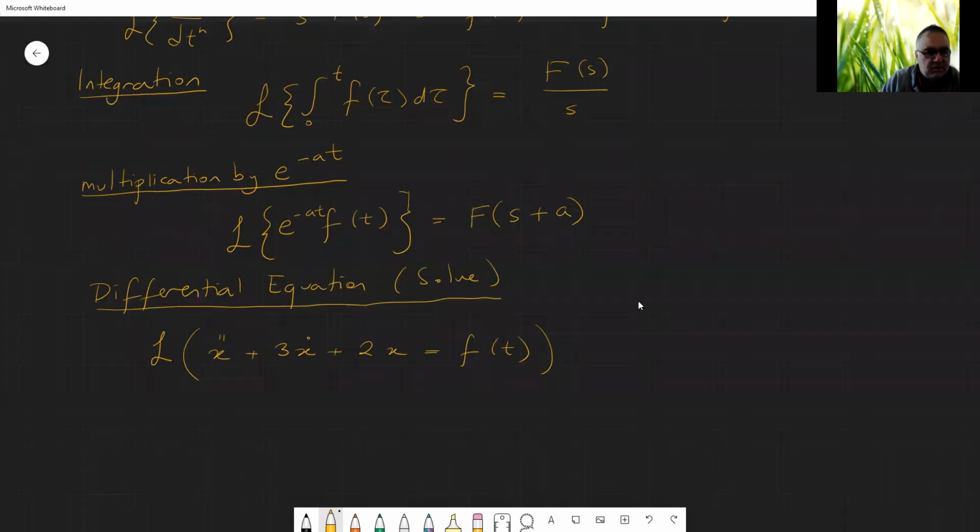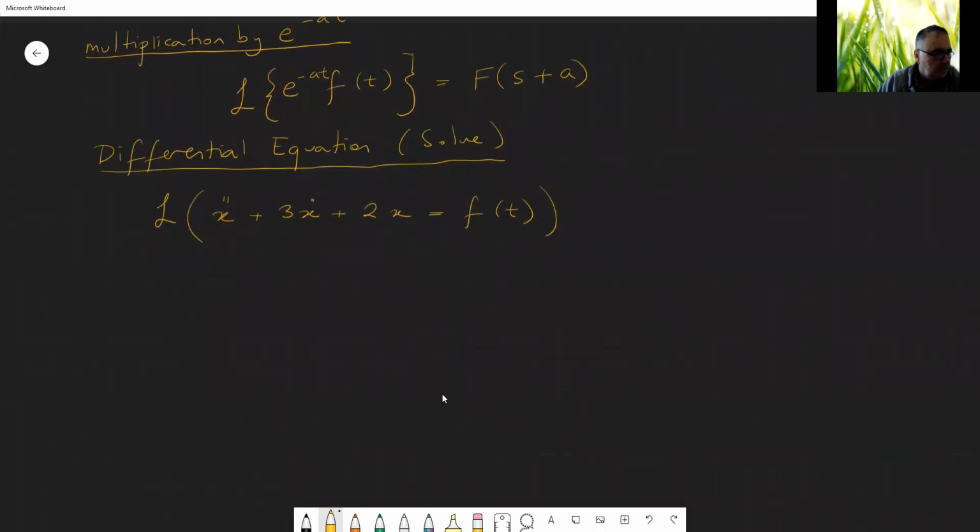You have the second derivative terms: s squared X of s, where capital X is the Laplace transform, minus s x of 0 minus x dot of 0 is the first term, plus 3 times s X of s minus x of 0.